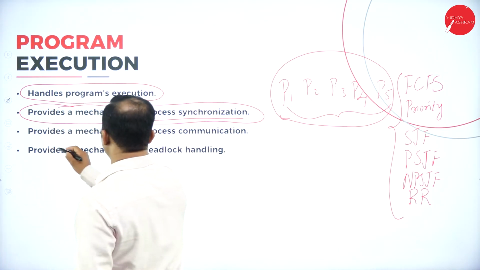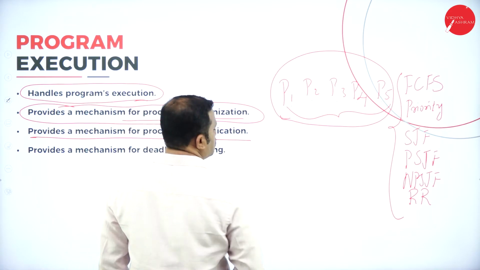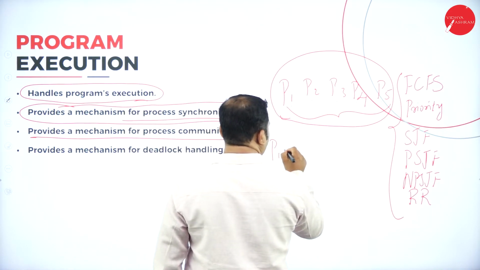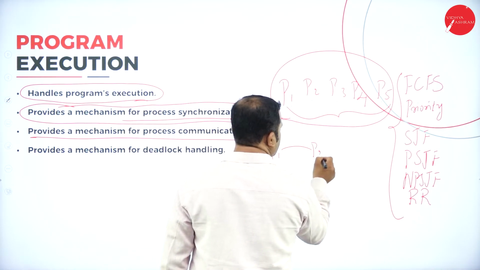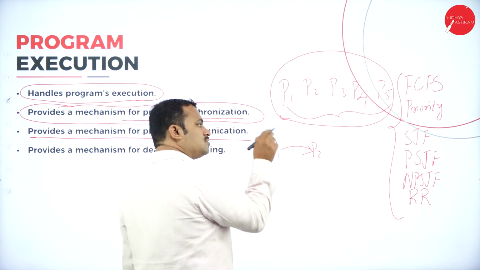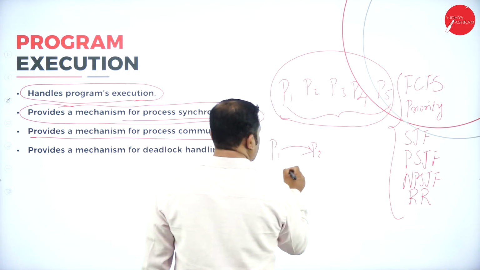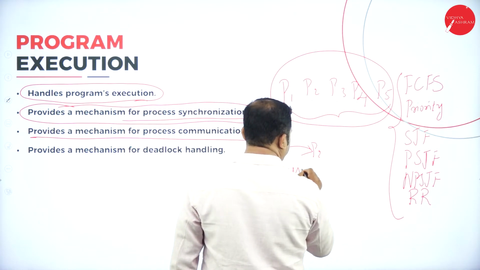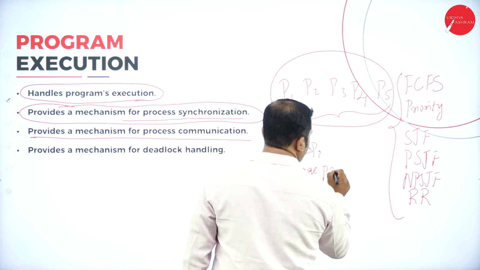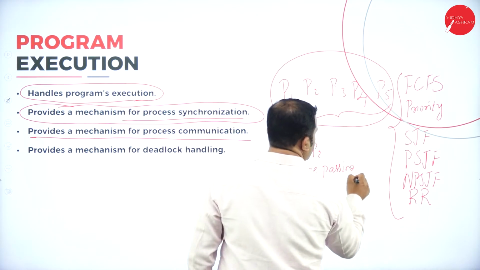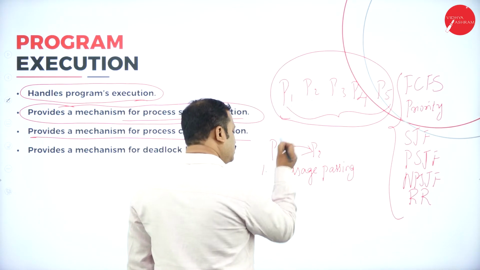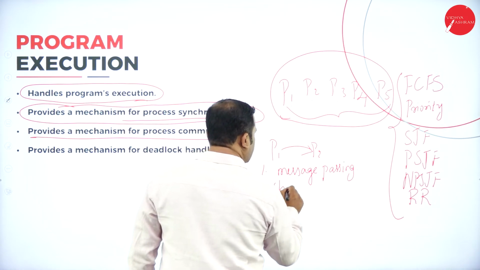It also provides a mechanism for process communication. Suppose process P1 wants to communicate with process P2. It can communicate with P2 in two manners. One is through message passing. This is one of the methods. Another one is through shared memory.